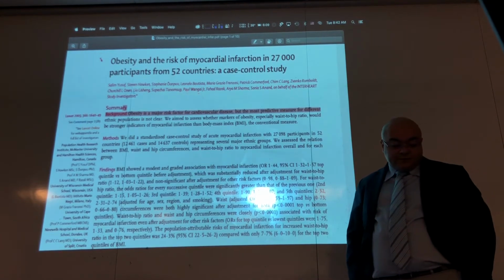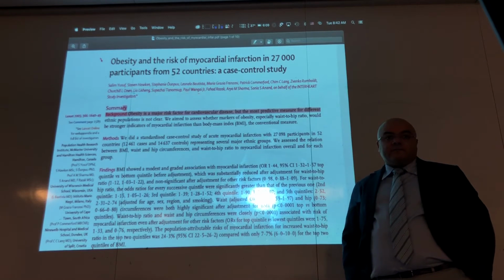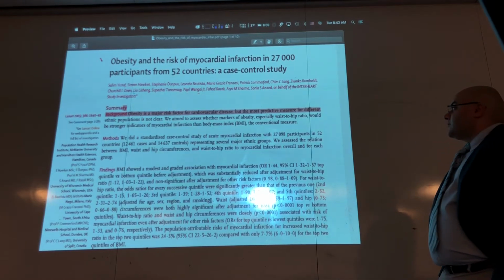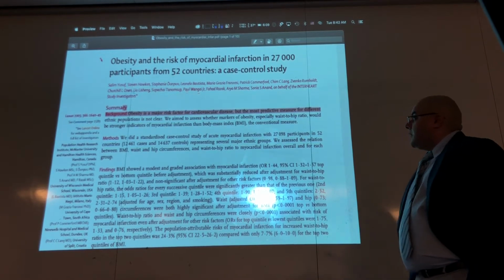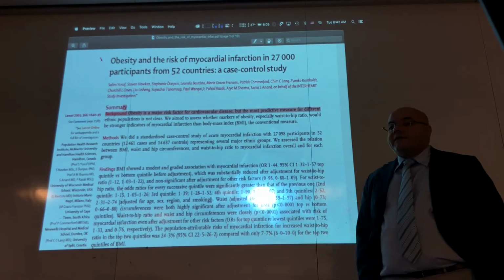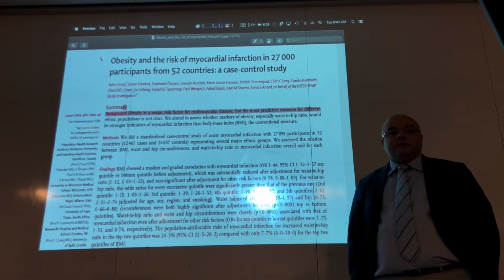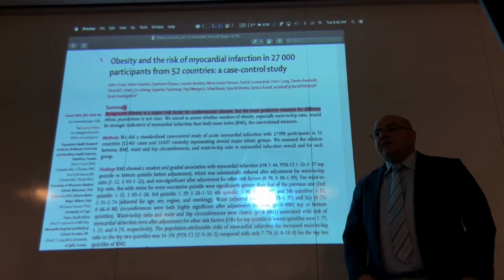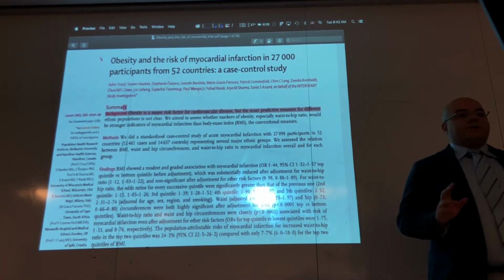State specific objectives, including any prespecified hypothesis. So can someone tell me what the hypothesis is, what the research question is? I told you the background and the rationale, now give me one sentence: what is the objective?